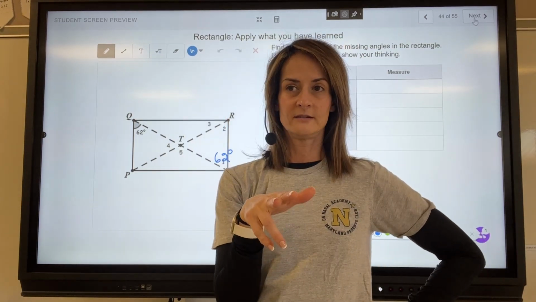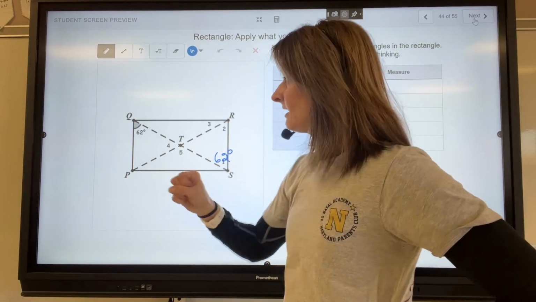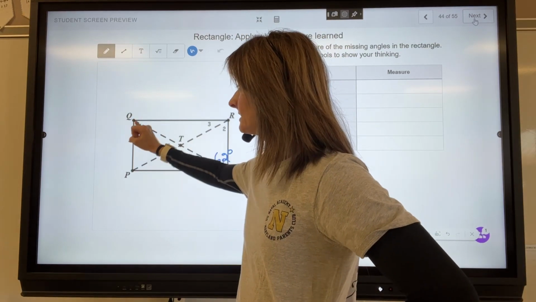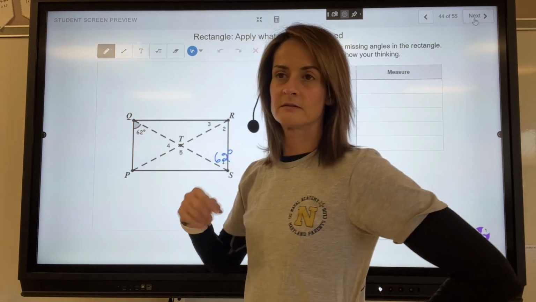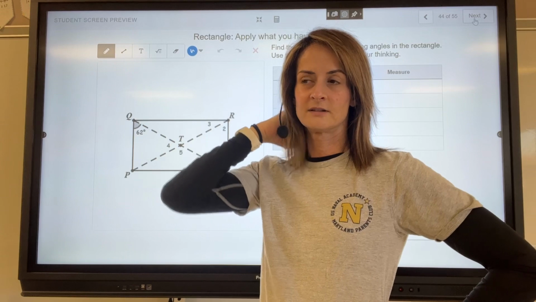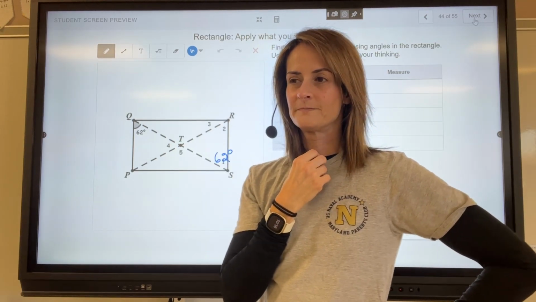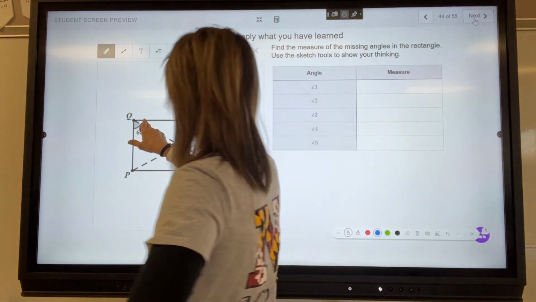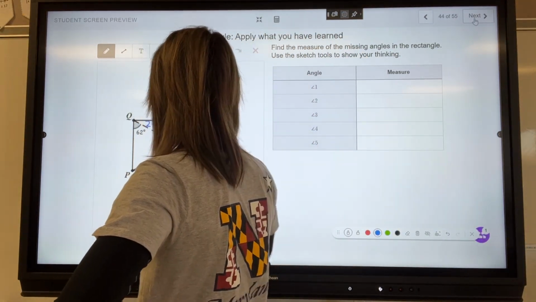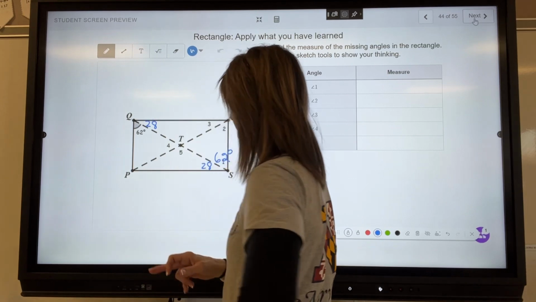Have to be 90 degrees. This part of the angle is 62. So what's the rest of it? 28. This angle has to be 28 degrees, which makes this one 28. I'm getting somewhere.